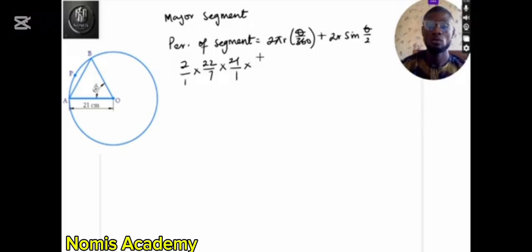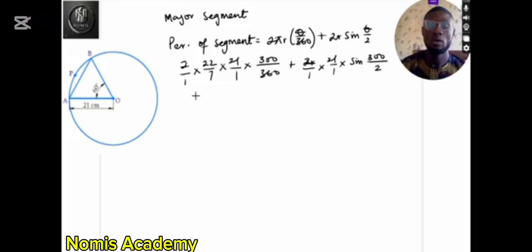So 300 over 360 plus 2r, okay, 2 over 1 multiplied by 21 over 1 multiplied by sine 300 divided by 2.